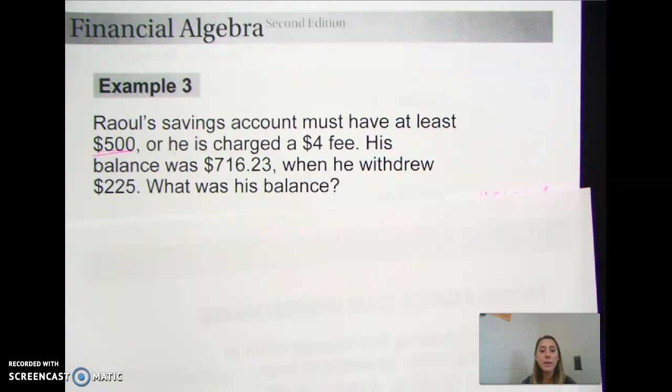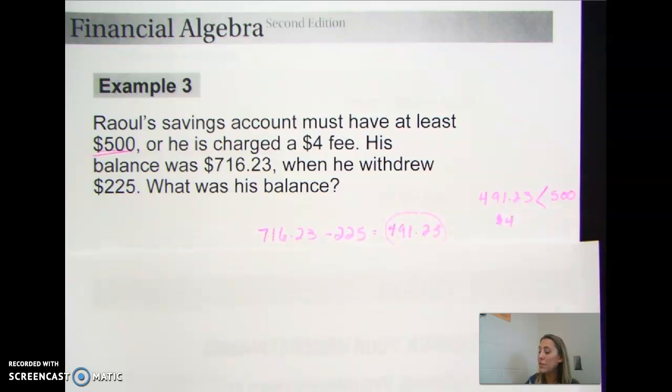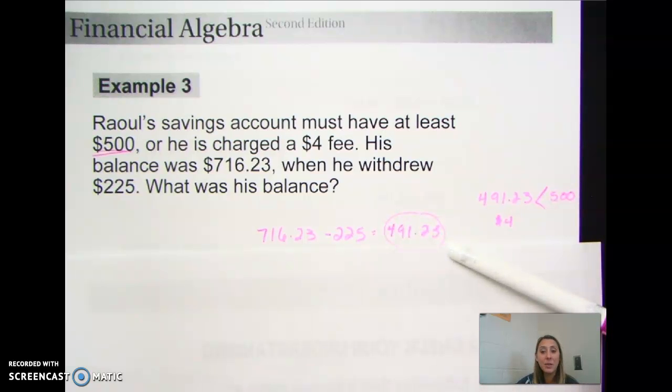And we've talked about checking accounts and savings accounts, that there are sometimes minimum balances that you have to have, and then there's also a penalty that can go with that if you're below a certain balance. So the first thing we're going to do, for this Raul's savings account, is figure out if he started with $716.23, we're going to subtract the $225, and we get $491.23.